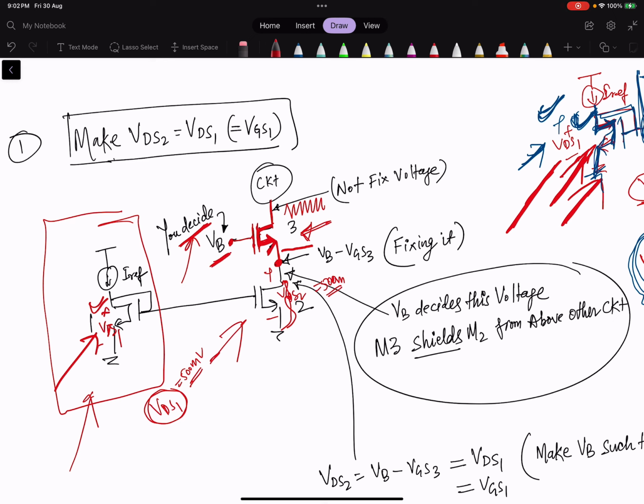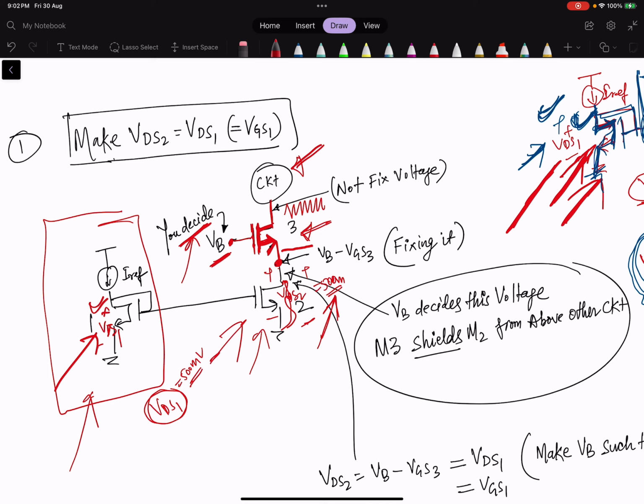And what is the requirement? It is 500 millivolt across this VDS2. We know that we want 500 millivolt, which is VDS1, and we will decide the VB value according to this. This device is connected between the main circuit and the lower one, wherever you are copying the current. So how will we make this?